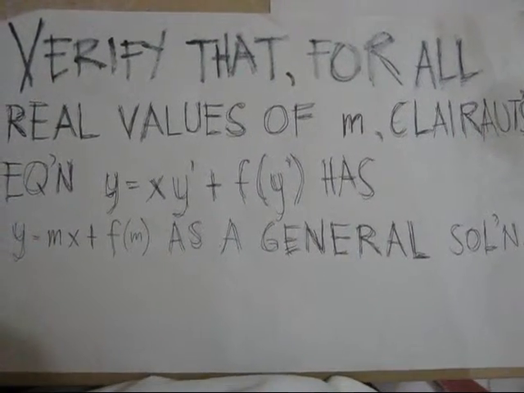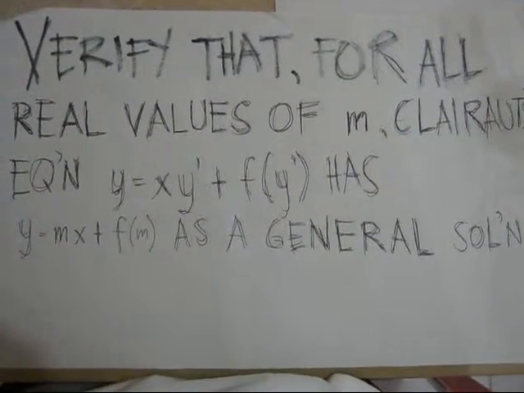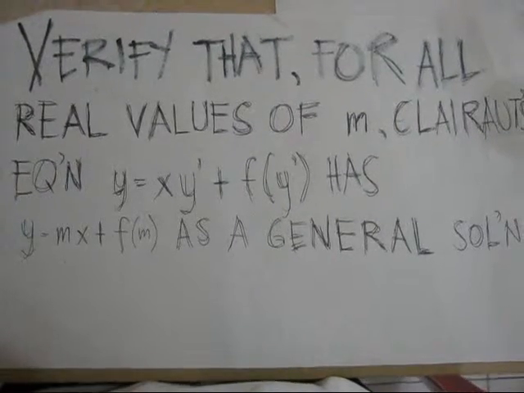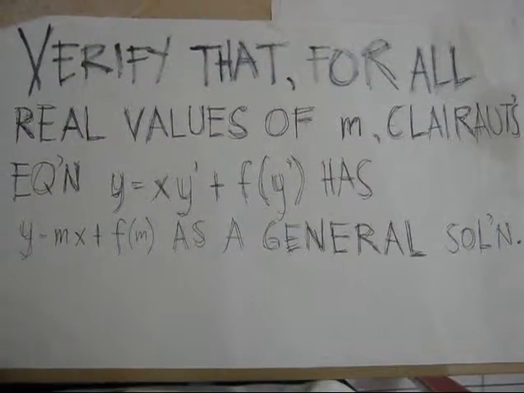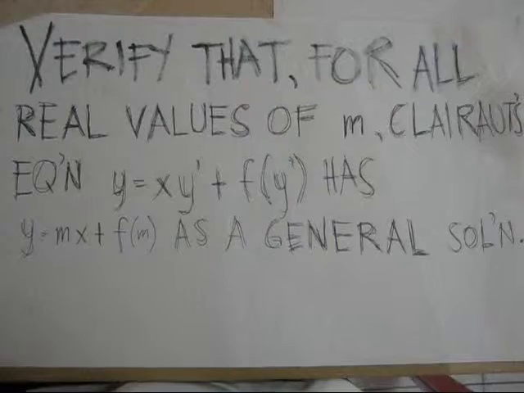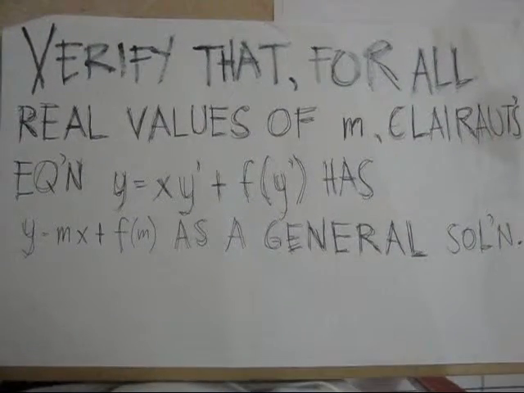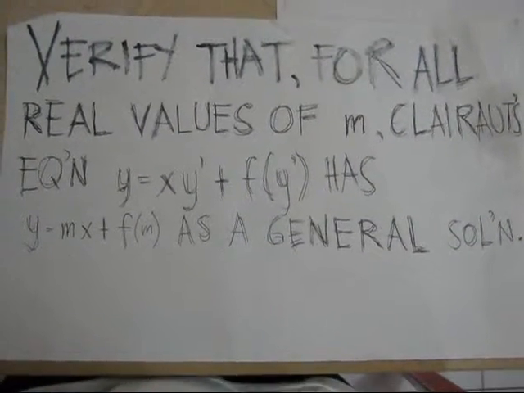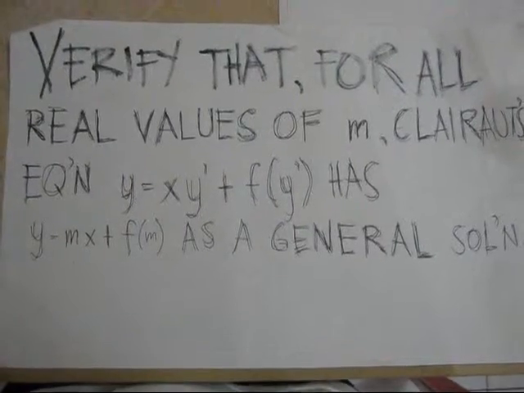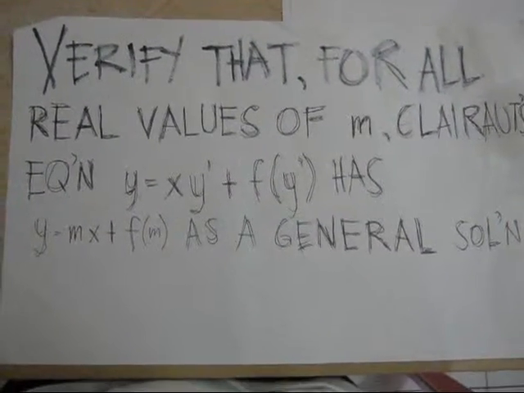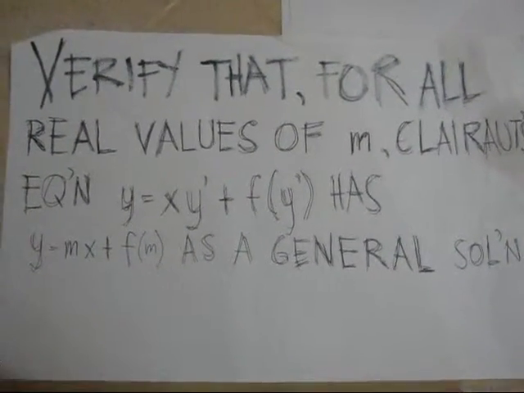So here is the problem. Verify that for all real values of m, Clairaut's equation y = xy' + f(y') has y = mx + f(m) as a general solution.